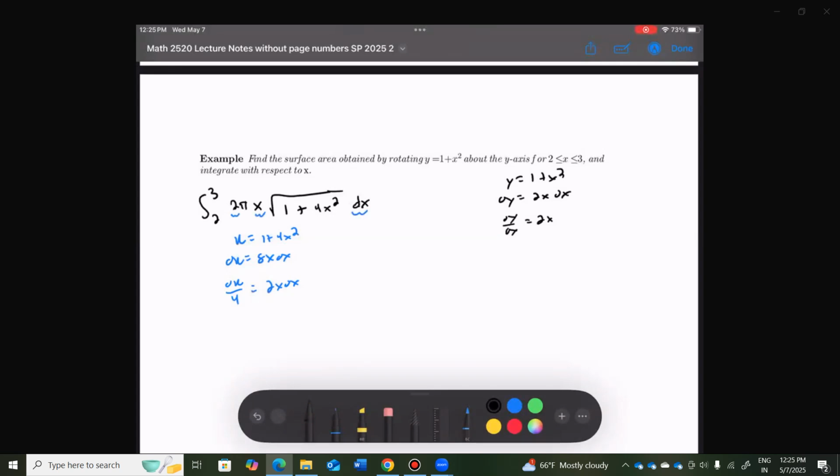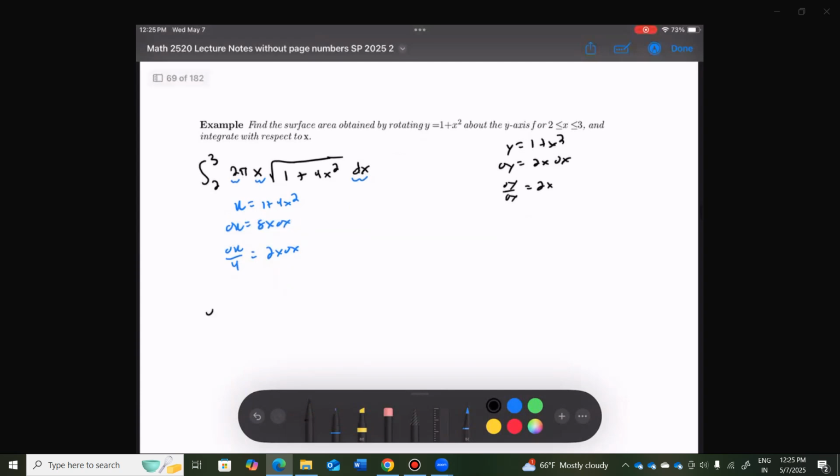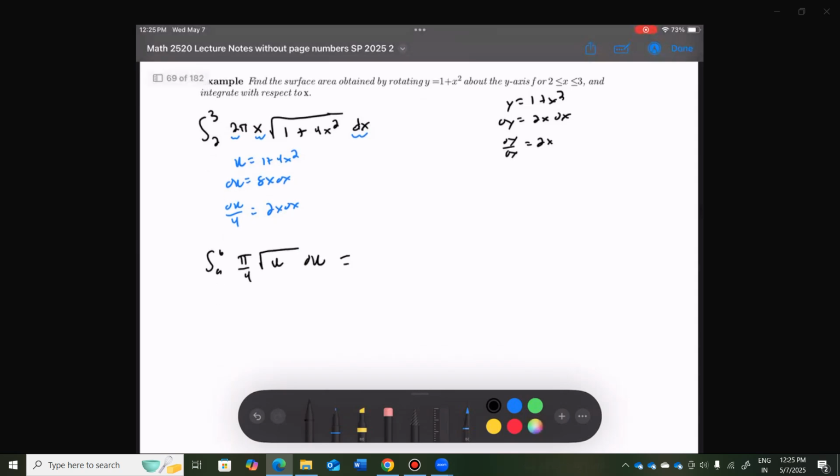Okay, so I have from a to b, pi, and 2x dx is du over 4, so pi over 4 square root of u du. So take the antiderivative, you're going to multiply by 2/3, the exponent goes up to 3/2, again from a to b, and so this cancels here.